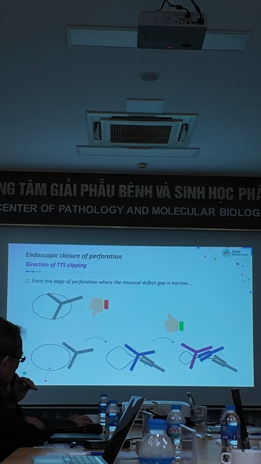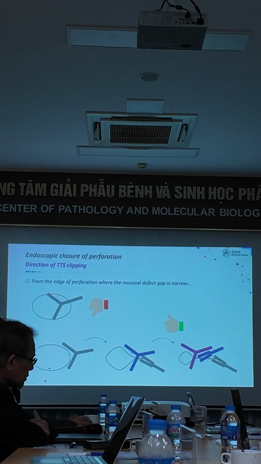Once the first clip was applied successfully, the next portion can become narrower, so you can perform the next clipping relatively easily. In this way, we can close the relatively large perforation quite effectively by using sequential clipping one by one.